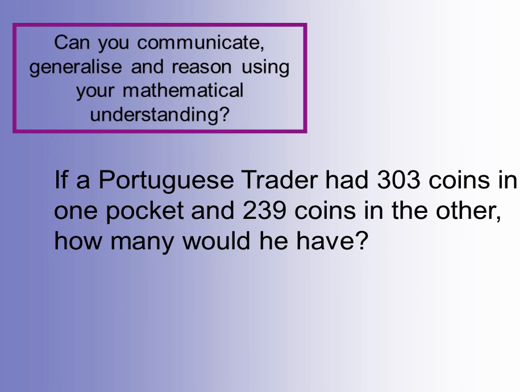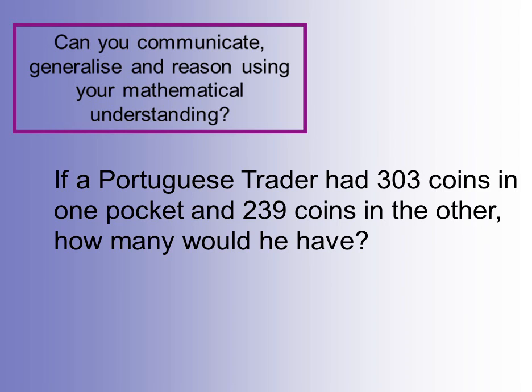Right, what about this one? If a Portuguese trader had 303 coins in one pocket and 239 coins in the other, how many would he have? So we've got 303 in one pocket, 239 in the other. We need to be able to add those together.